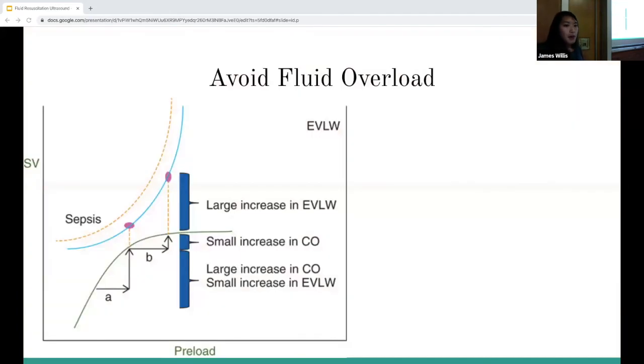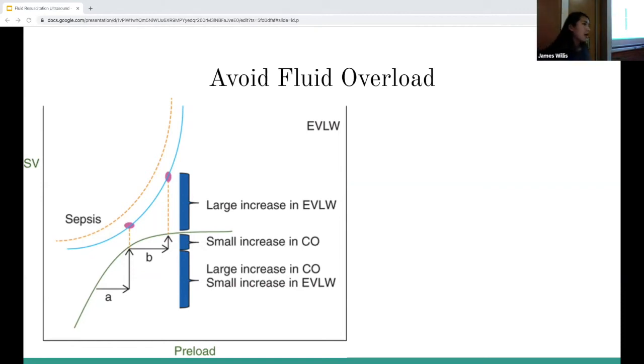We're going to circle back to this Frank-Starling curve with the emphasis that we want to avoid fluid overload. There's a lot of lines and numbers and letters here, but the Frank-Starling curve is that same green line that we saw earlier, represented on the bottom. The blue line and the orange line on the top are measuring your extravascular lung water.